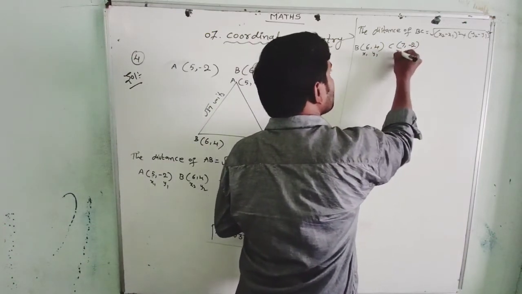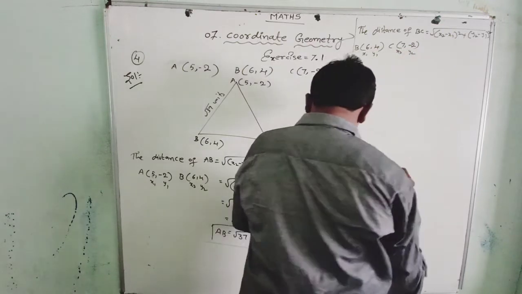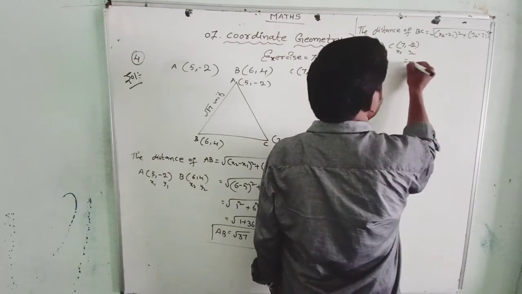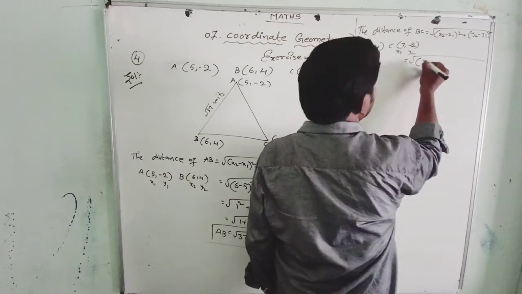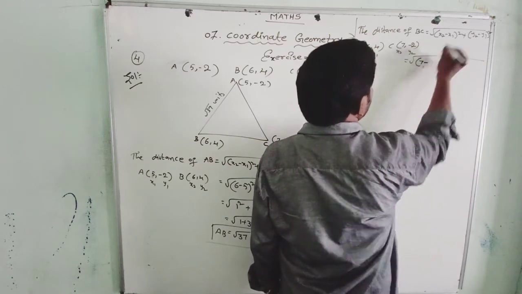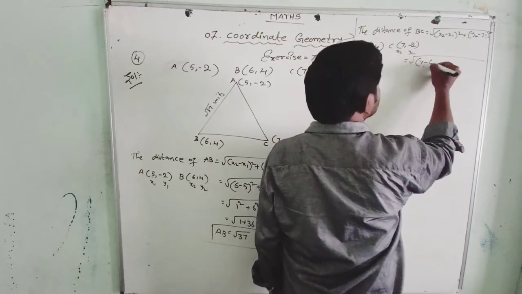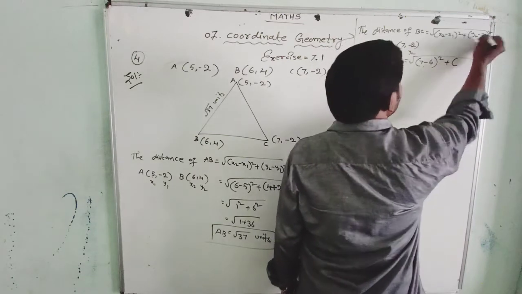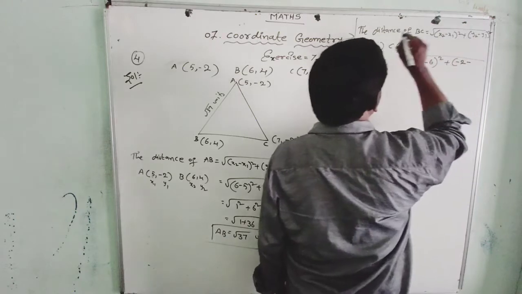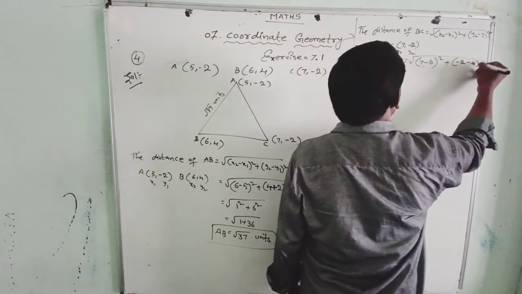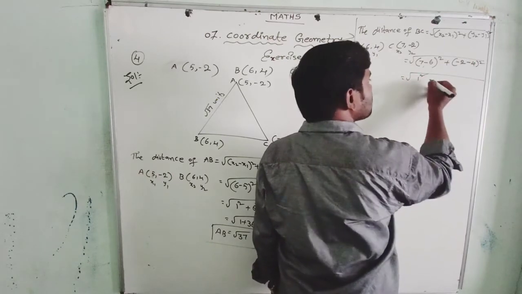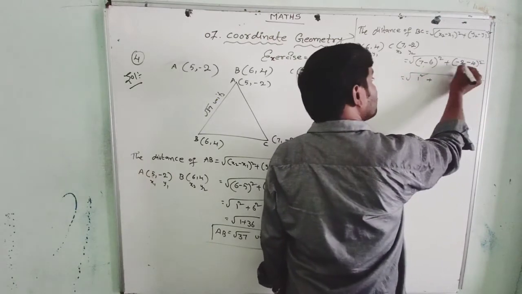Label them x1 y1 and x2 y2. Let us substitute in this formula now. x2 is 7 minus x1 which is 6, so (7 minus 6) whole square plus (y2 minus y1), minus 2 minus 4, whole square. 7 minus 6 is 1 square plus (minus 2 minus 4).